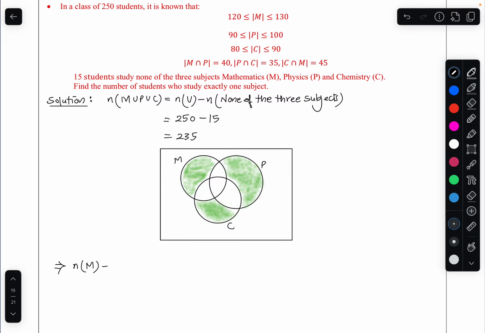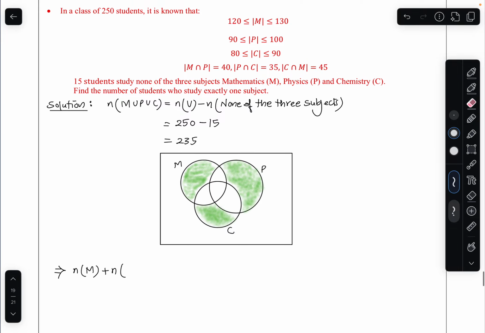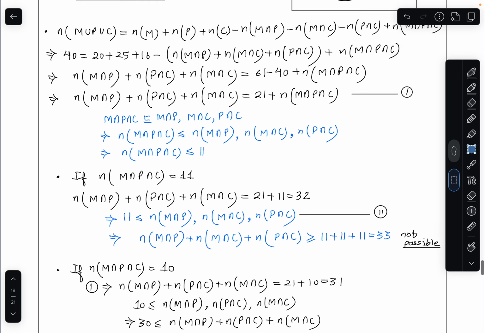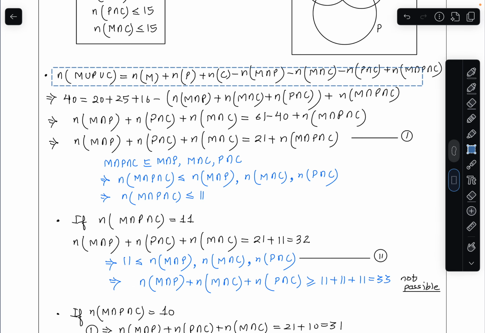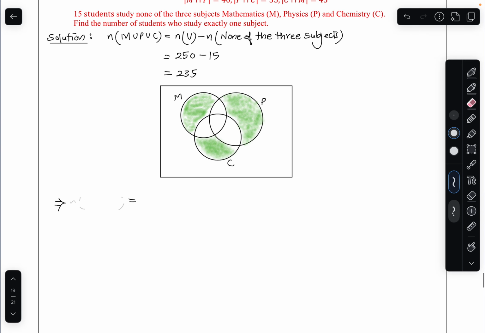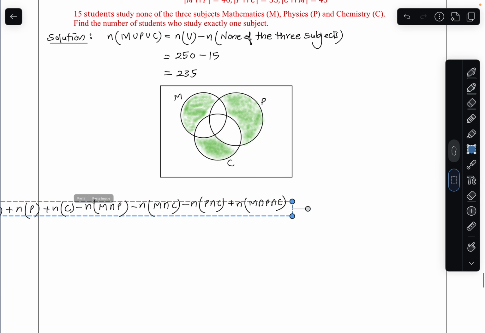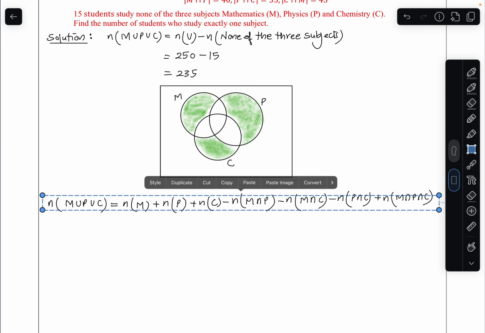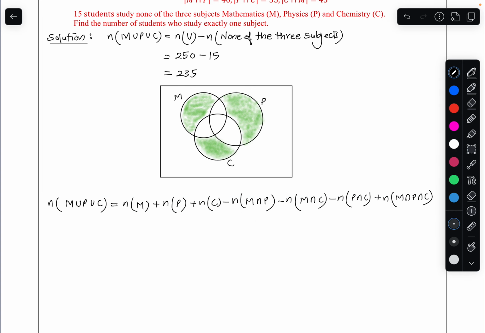The number of elements in M union P union C is equal to the number of elements in M plus the number of elements in P, and so on. So this is the relation we have for the union. Now the union is known to us. It has 235 elements in it.